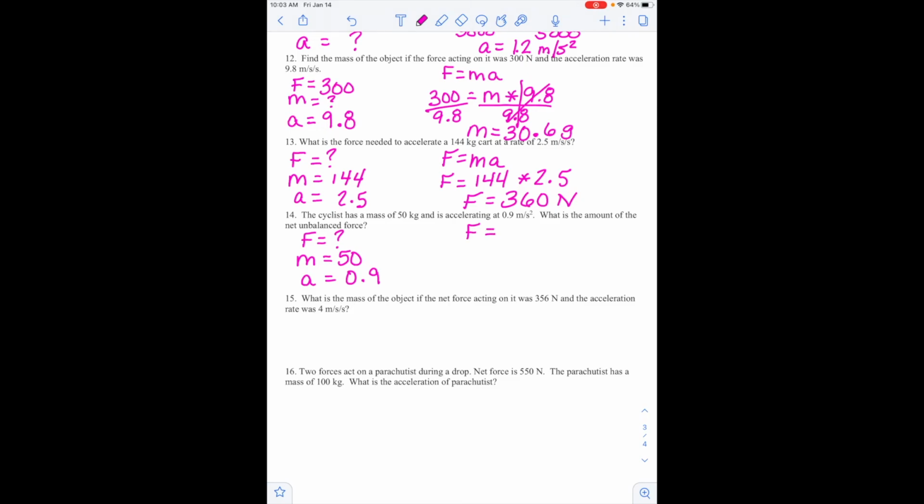So F equals ma. Our force is what we are looking for. Our mass is 50 times our acceleration, 0.9. 50 times 0.9 is 45. So F is equal to 45 newtons.